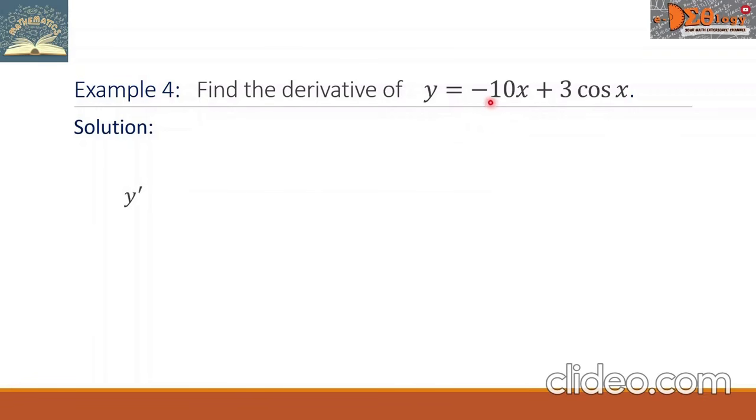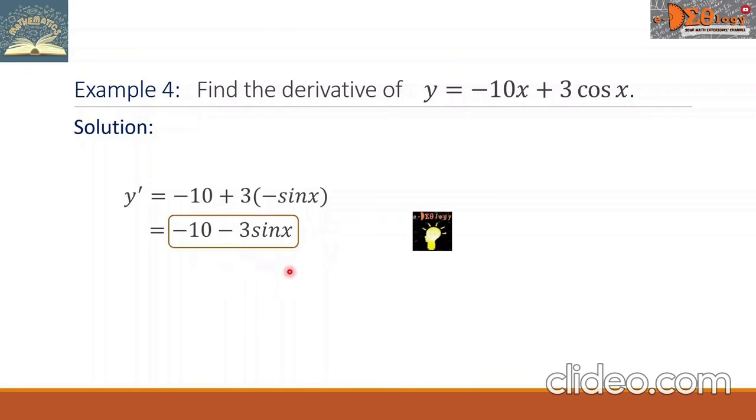So derivative of negative 10x is negative 10 plus derivative of 3 cosine x. We copy the constant 3, then we take derivative of cosine x, that is negative sine x. Simply we combine the positive 3 with the negative sine x. So finally we have negative 10 minus 3 sine x.